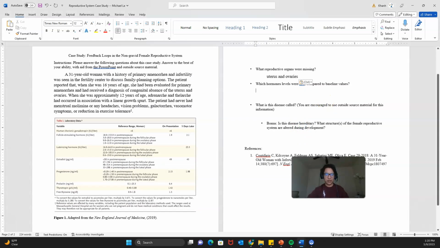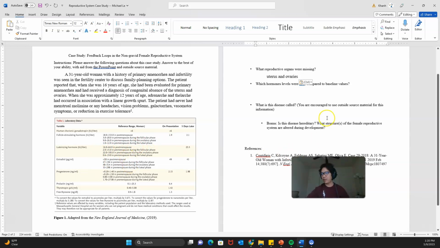We'll look here and notice that FSH, LH, and prolactin were low. However, concentrations of HCG, estradiol, and progesterone were actually normal. So remember that. These are androgen hormones, estrogen and progesterone.